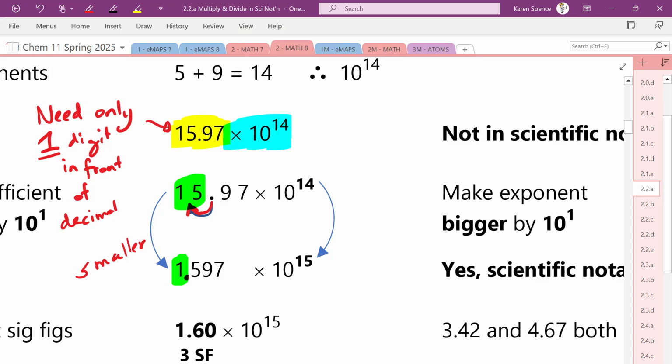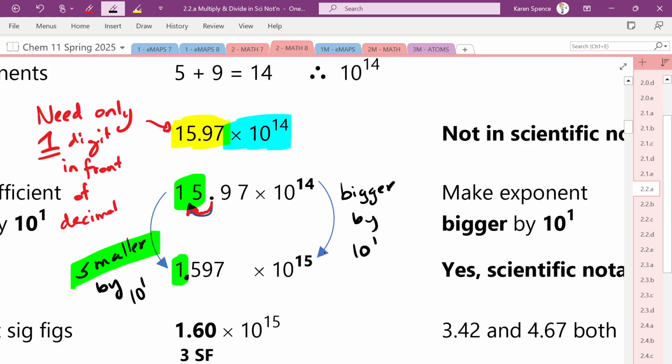So as we go from 15 to 1.5, did that number get bigger or smaller? Smaller. We got smaller by 10 to the 1, a power of 10. We moved the decimal place one place. That means that the other half of the number has to get bigger by 10 to the 1. So we go from 10 to the 14 to 10 to the 15.